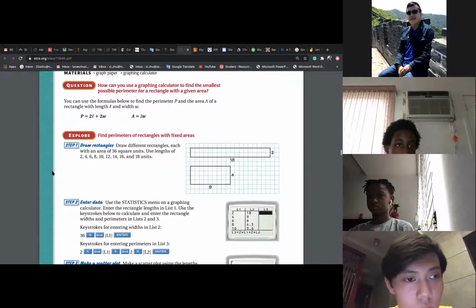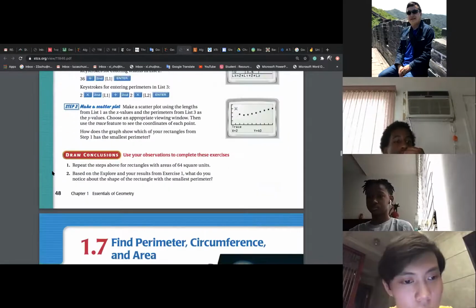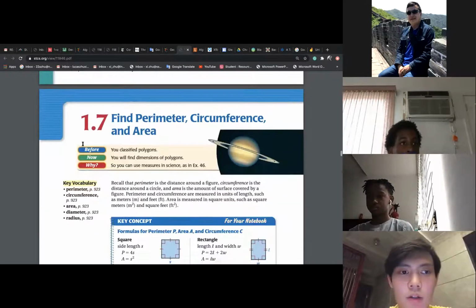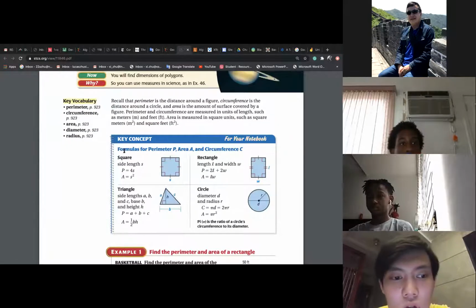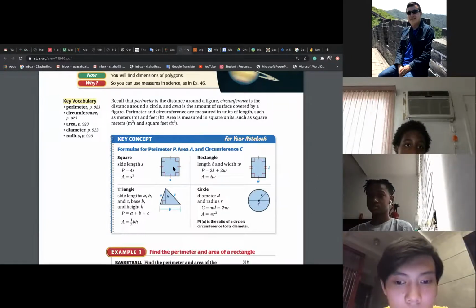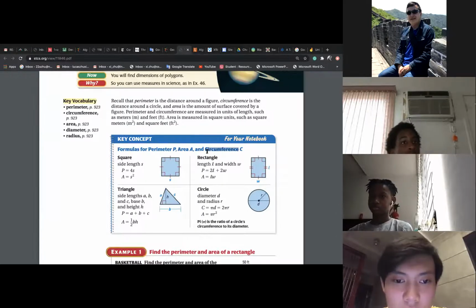Perimeter. Find perimeter and circumference. Yep, this is quite important. So you know the formulas for perimeter, area, and circumference. Remember, perimeter and circumference, you might think they're similar, and they are, but they represent different things.